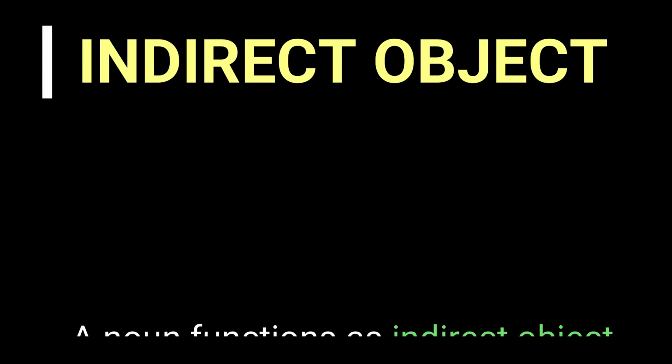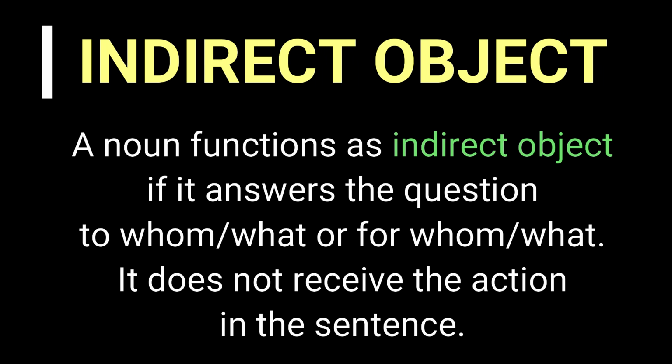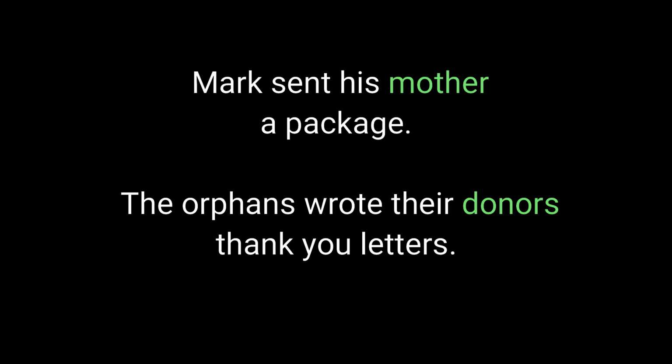A noun functions as indirect object if it answers the question to whom or to what, or for whom or for what. It does not receive the action in the sentence. Mark sent his mother a package. To whom did Mark send a package?